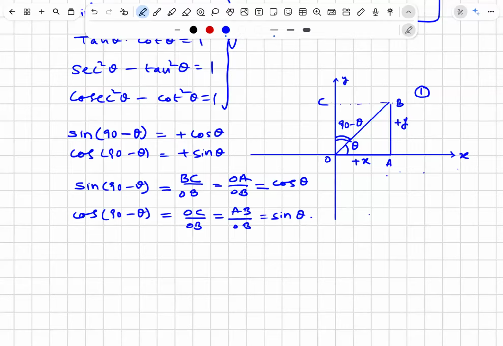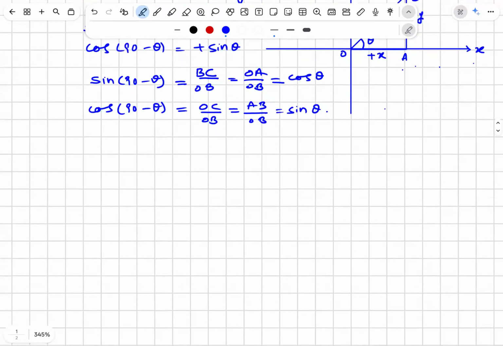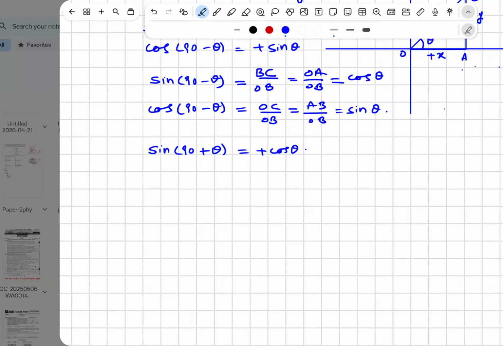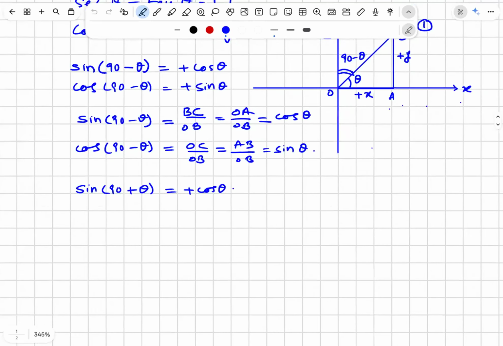Likewise. Rule is valid only for first quadrant. For example, if I take sin 90 plus theta, I will write this simply as plus cos theta.